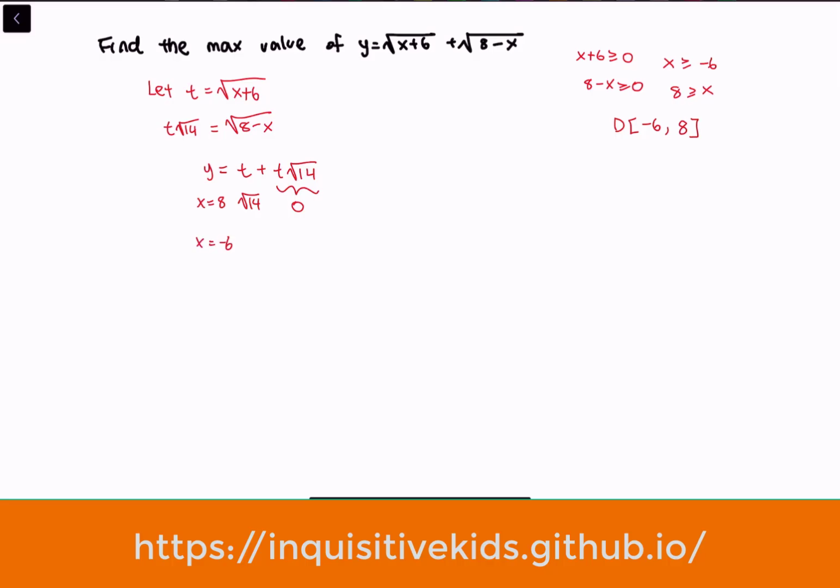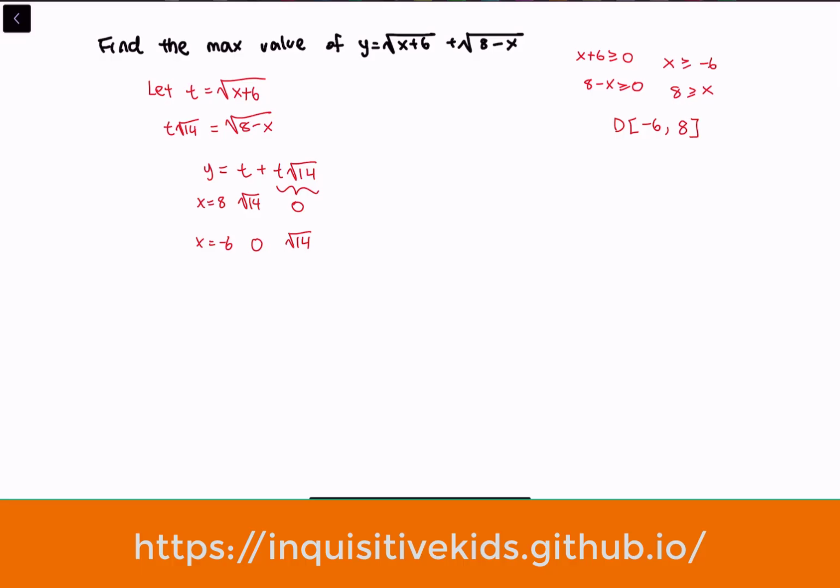In this case, t would be equal to 0, and t times the square root of 14 would be equal to square root of 14. So in both scenarios, we have y equal to square root of 14, which means that y equal to t plus t square root of 14 is kind of symmetrical.